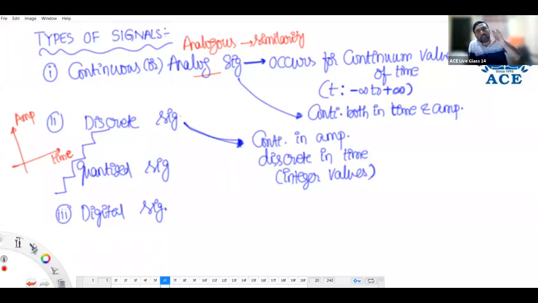So first, the continuous information must be converted to a convenient form, that is discrete or sampled form. That is one reason, sir.